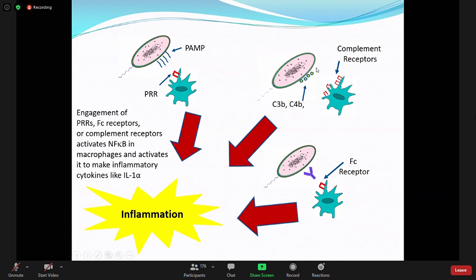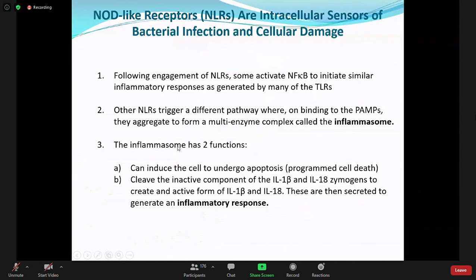And a similar opsonization effect comes with antibodies, because these macrophages also have receptors, just like they have receptors for the complement components. So this can also stimulate NF-kappa B, right? We've already talked about the inflammasome.